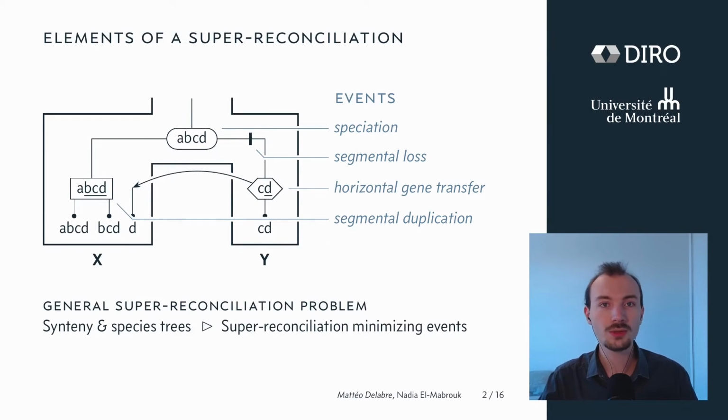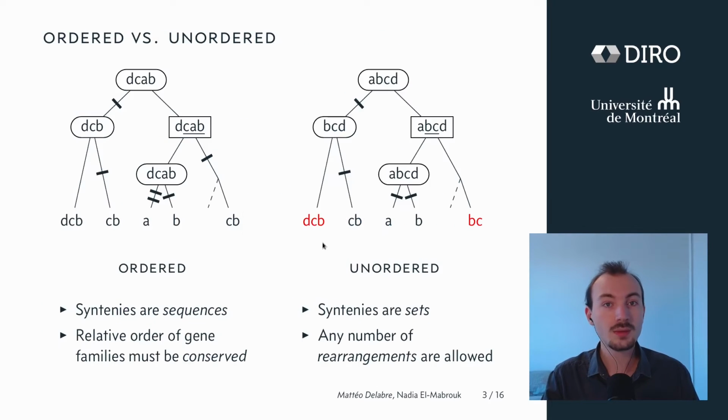In general, the superreconciliation problem is to infer such a detailed superreconciliation starting from the knowledge of the syntheny and the species tree. And because this is a parsimony approach, we are seeking a superreconciliation with the minimal number of evolutionary events. Now there are two main versions of the problem that we will consider here.